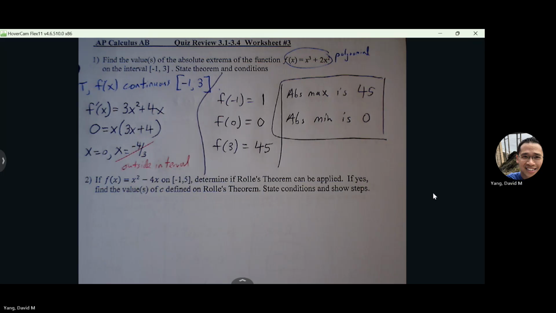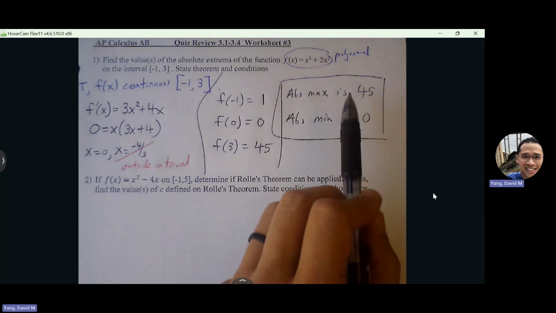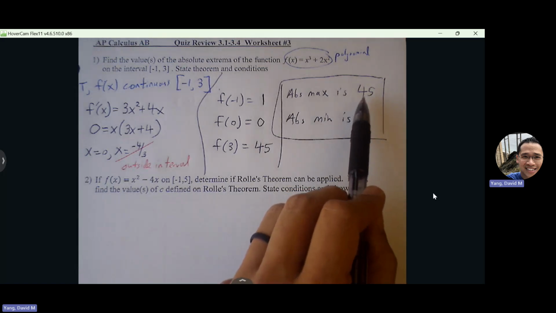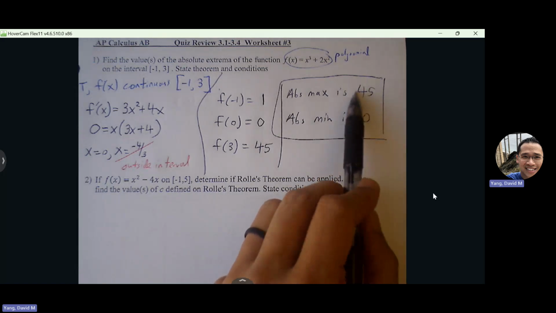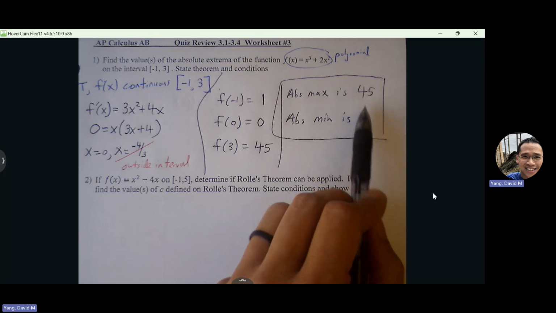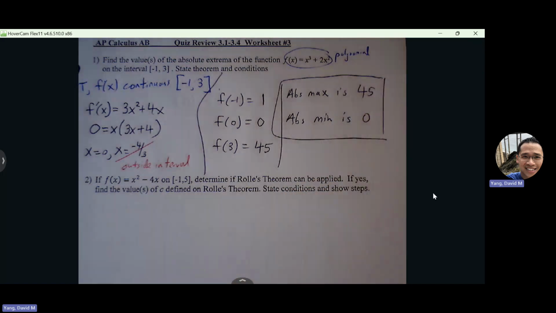Yes, I will. Yeah, I want the emphasis on the y value. You could say absolute max is 45 at x equals 3. That indicates to me that you still know that 45 is emphasis here, but I would just say just ignore the x values just so that one less thing to worry about. Just give me the y values. Yeah, no order pairs.